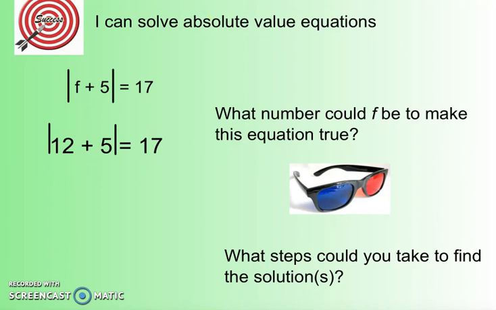So I know that my answer would be 17, and so that means the left side is equal to the right side. Is there another number that it could possibly be?